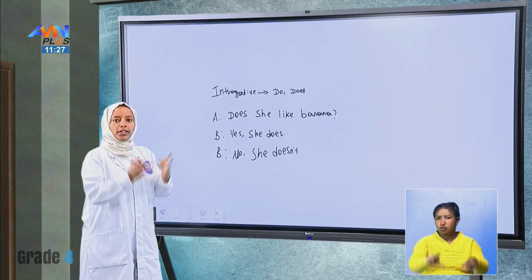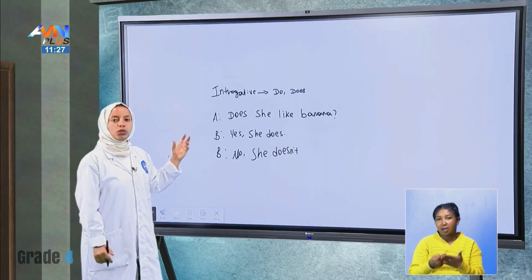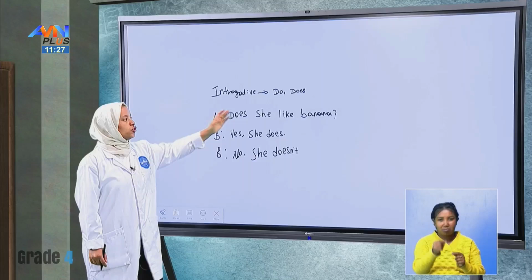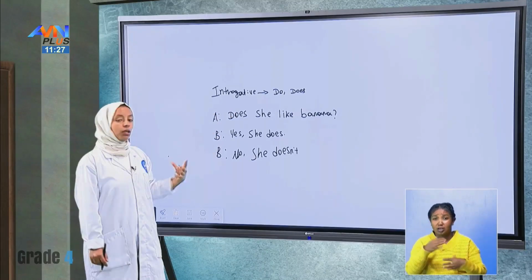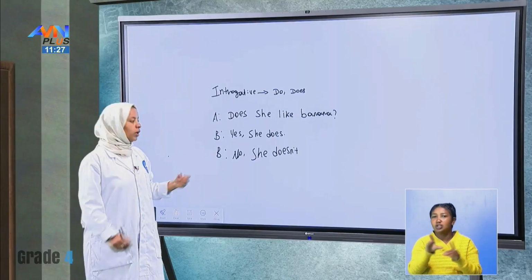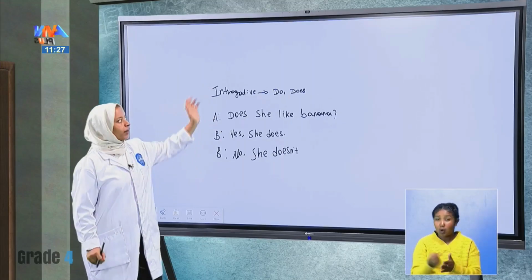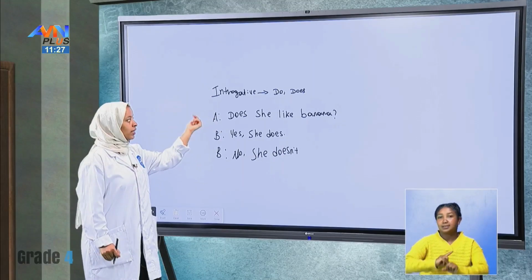No, she doesn't. It can be a conversation with two friends or with two siblings. Does she like banana? Here is, yes, she does. And also, no, she doesn't. So both of them can be the answer by using does.